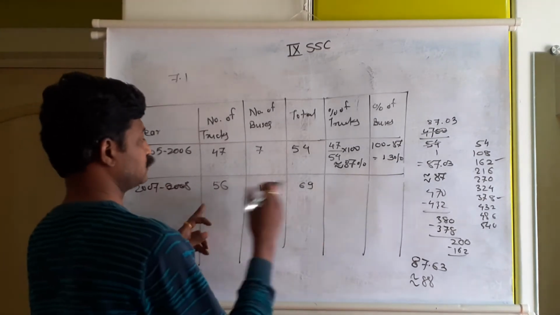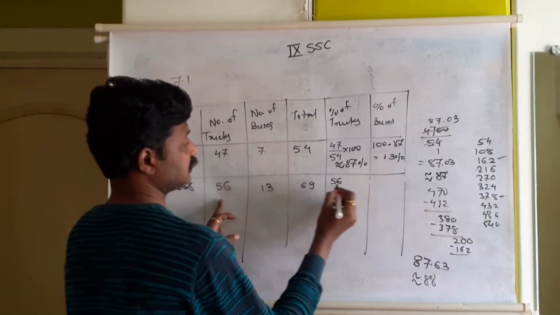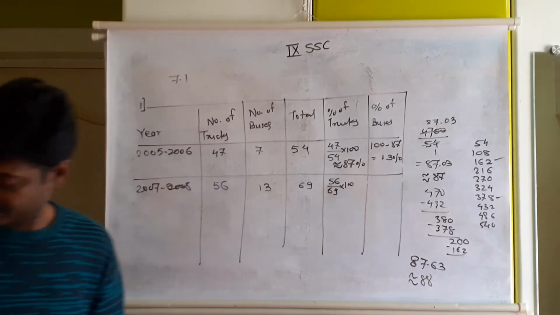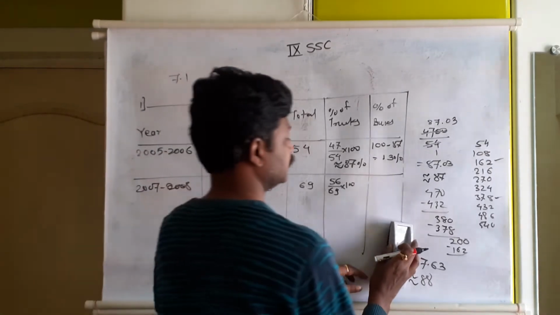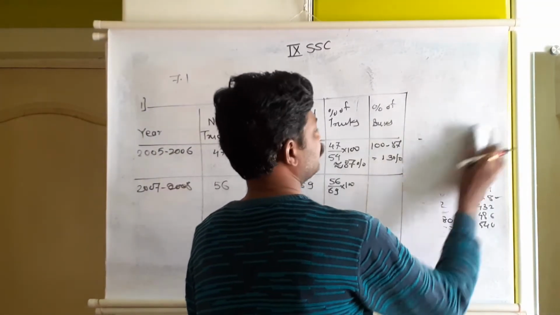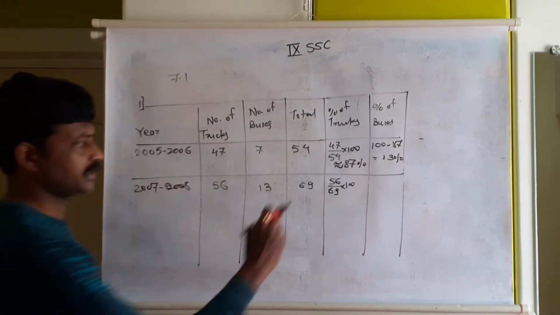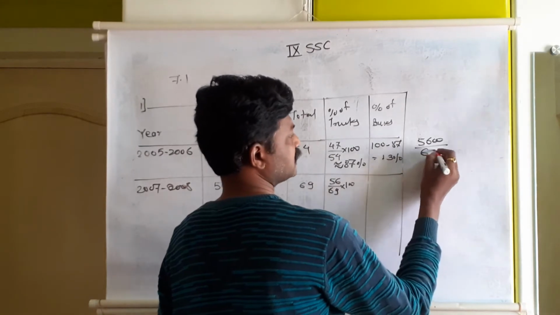So the percentage of trucks, 56 trucks out of 69, then out of 100 how much? This calculation will give us the percentage of trucks for the year 2007-8. So how to continue it? 56 into 100, 5600, and we have to divide it by 69.